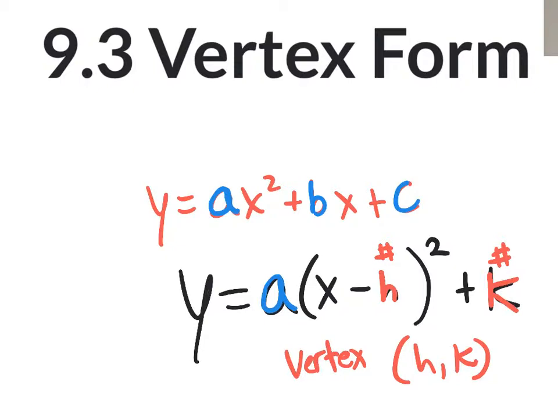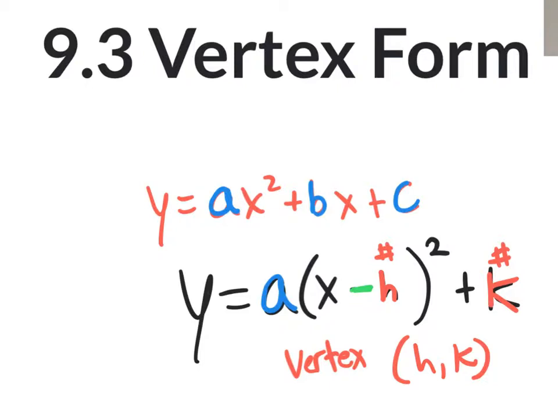The only tricky part is that when you're looking at h, whatever you see, you have to think opposite. So this minus sign is telling you to think opposite of whatever you see. If you have a minus 3 right here, your vertex x value is going to be a positive 3. If you have a positive 3 right here, your vertex x value is going to be a negative 3.